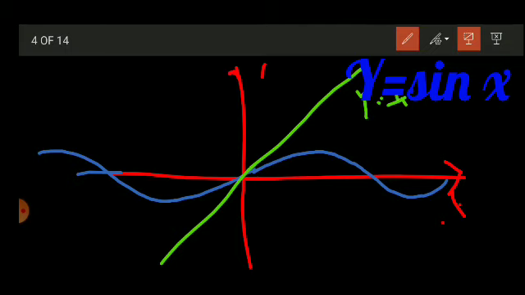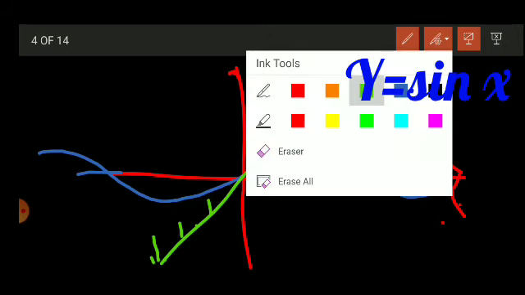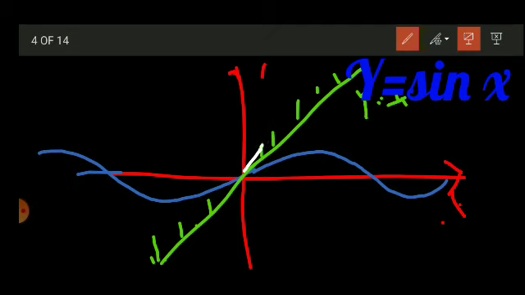If we take a mirror image of this with respect to this green line, which is y equal to x, we will find this is the sin inverse x graph. This white portion will be the sin inverse x part, which is the image of this part only, up to this part.